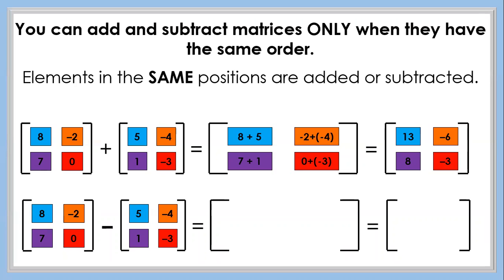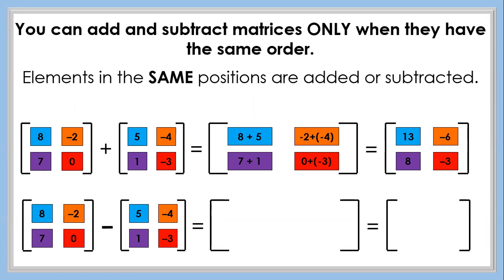Can we add these two matrices? Yes, we can, because both matrices are of the same order. So when we add or subtract matrices of the same order, please note that the elements must be in the same row.